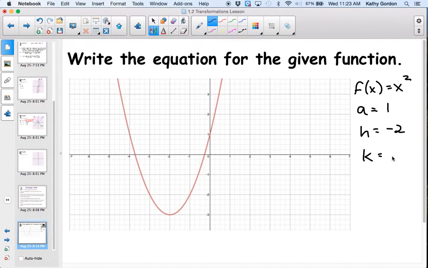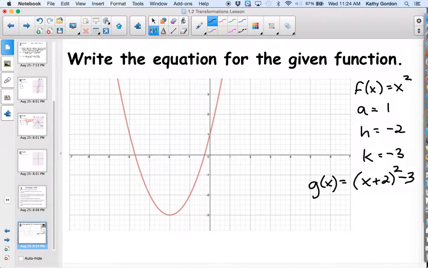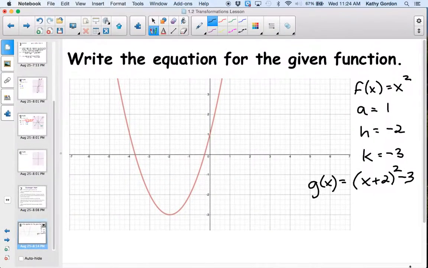Down 3. So g of x would look like what? Exactly. If you want to put the 1 out there in front, just for emphasis, you can. It's not necessary when it's just 1. But our h being -2 means we get x plus 2 in the parentheses being squared, and our k being -3 means we're going to subtract 3 on the outside.